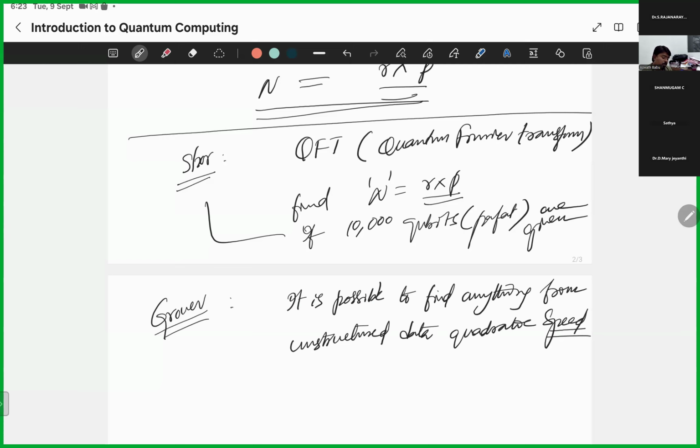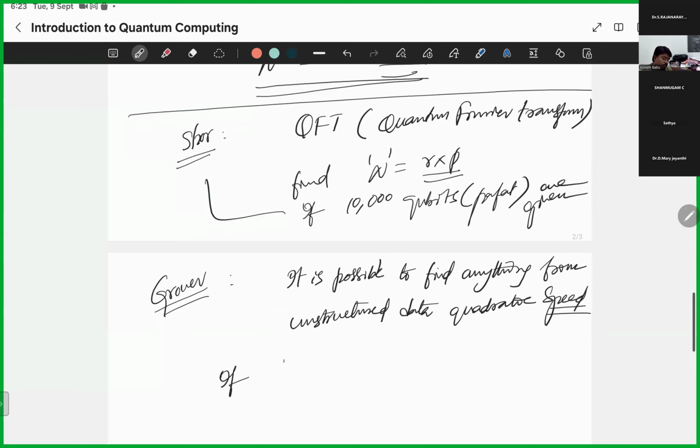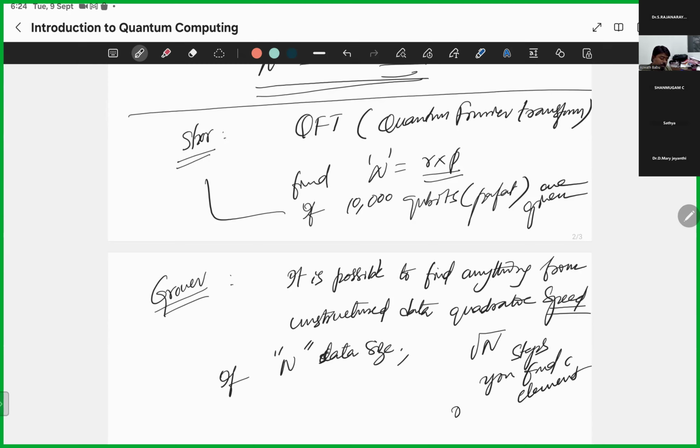What I mean is, if n is the data size and you want to find an item from n, you can find the required element in square root of n steps. That is very commendable.